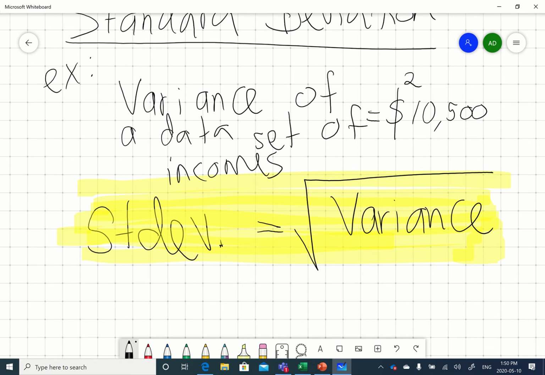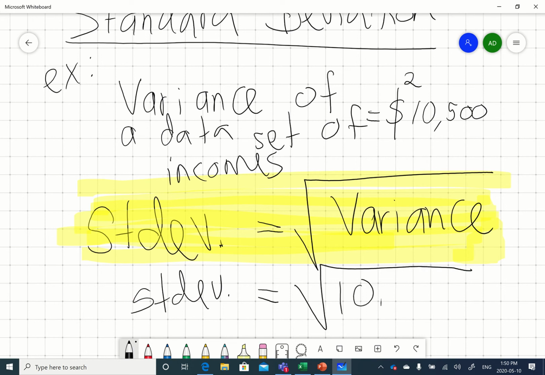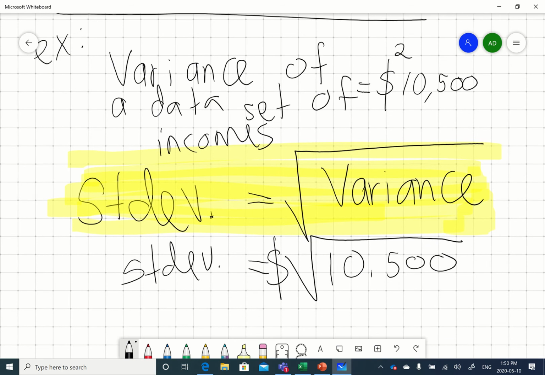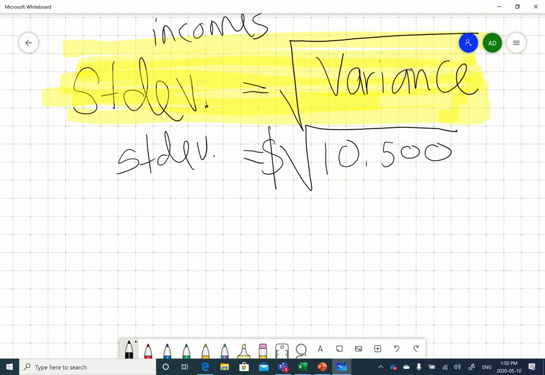Then we solve that unit problem. You just have to calculate the square root of, for this example, 10,500. And we know when you calculate the square root, the unit becomes just dollar, right? Then you can easily make an interpretation using this value.